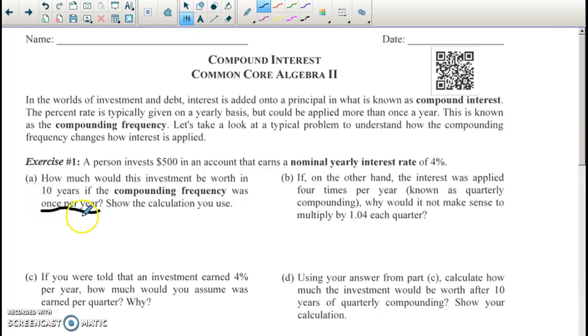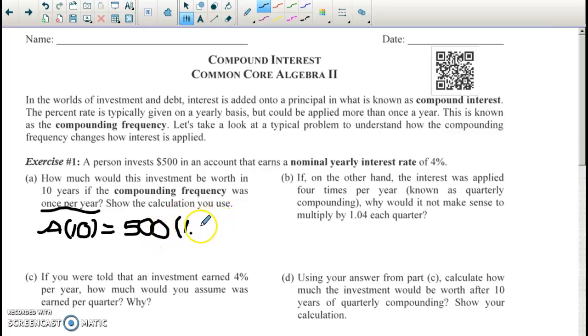And if this were to happen, we would say, okay, the amount, whoa, I cannot write with the mouse too well. The amount over 10 years would be the $500, because that's the initial amount, times 100% of your money.